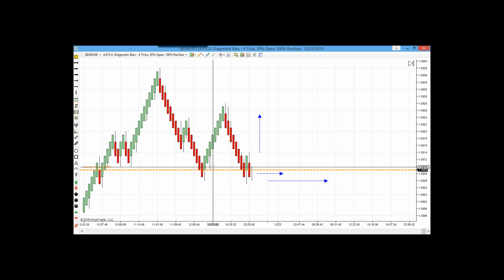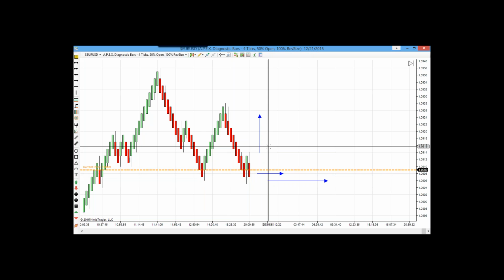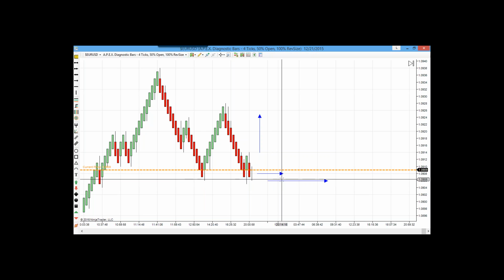What happens before expiration? Let's say I buy this for 70 bucks. Market's kind of coming up and down. Maybe I was wrong. The market comes all the way down and it hits this strike price, the strike price I bought at, 0906, before expiration.